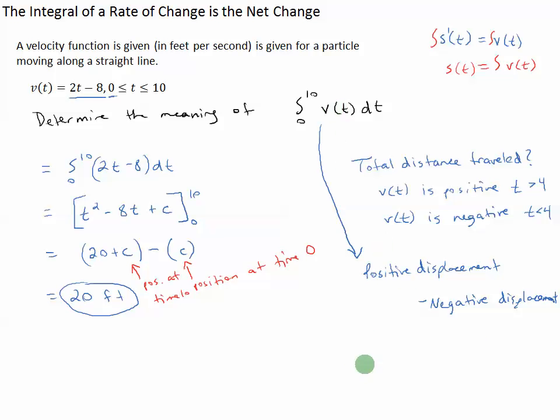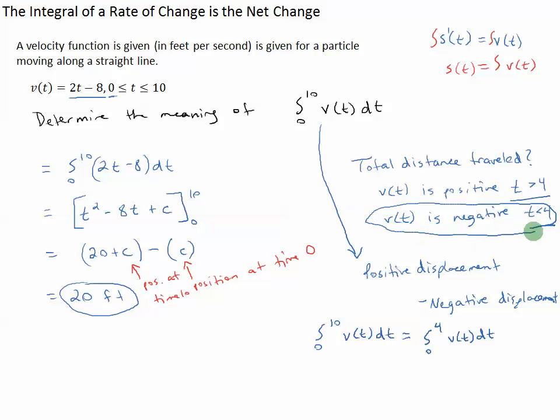So we're going to break this integral down. So we've got the integral from 0 to 10 of v of t dt. We'll break it down, since we know we have a breaking point at 4. I'll take the integral from 0 to 4 of v of t dt. I know that's going to be a negative number, because that's when my velocity is negative.